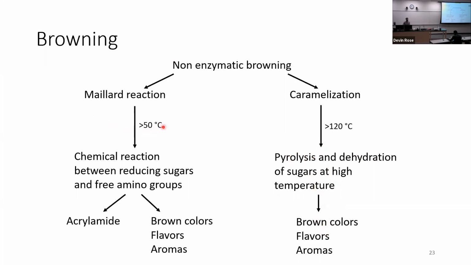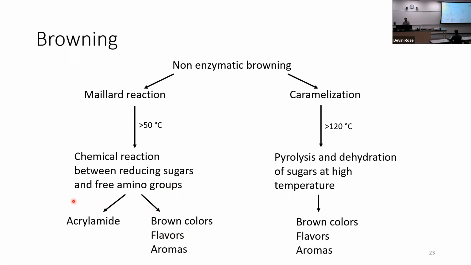We have the Maillard reaction, which involves sugars and amino acids. And it will occur at hot temperatures, but not really hot. And we can form the same kinds of compounds with the addition of nitrogen from the amino acids and form brown colors, flavors, and aromas.